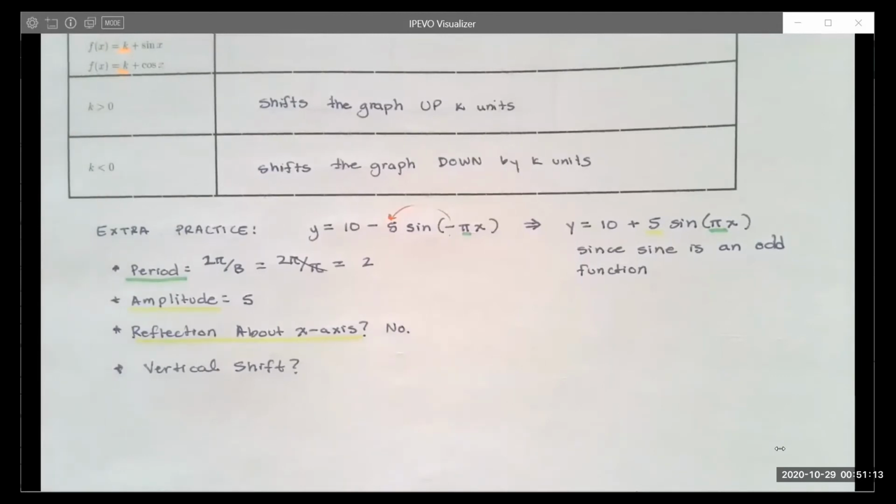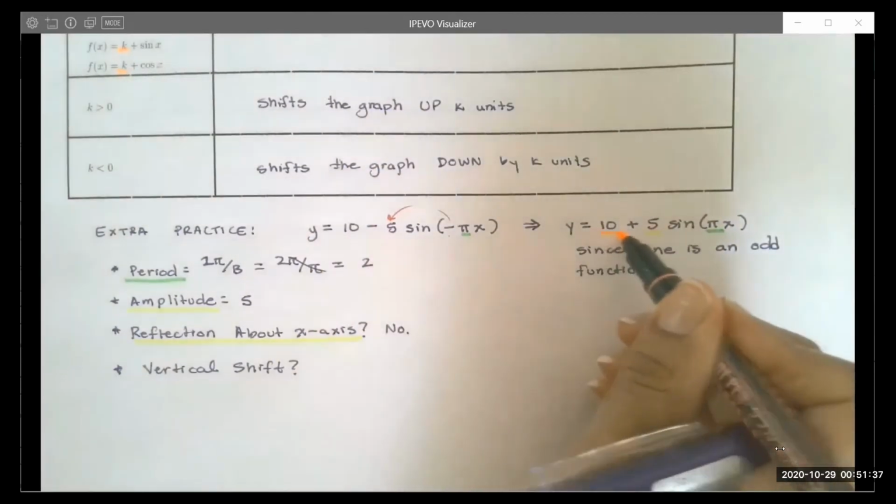All right, what about the vertical shift? Yes, good. So it does have a vertical shift. In which direction? Up. Very good.